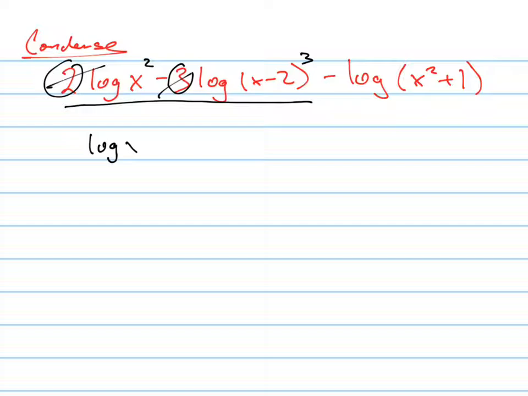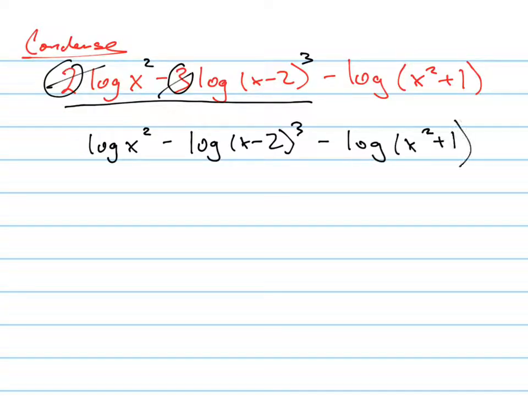You've got log of x squared minus log of (x minus 2) cubed minus log of (x squared plus 1). That's the first step. The next step is to condense them together. There's a couple ways you can do this, but you have to do two at a time.